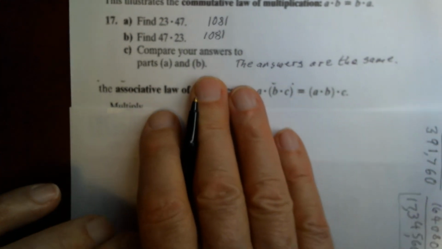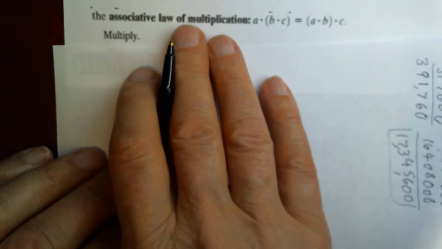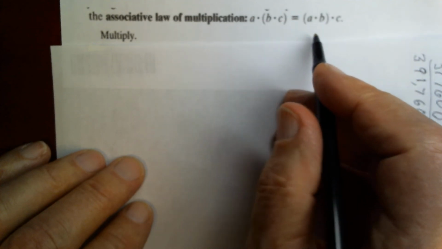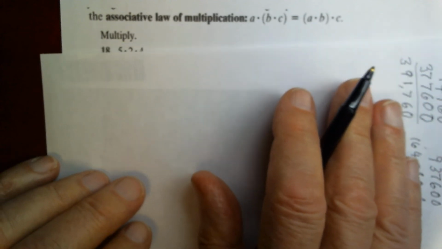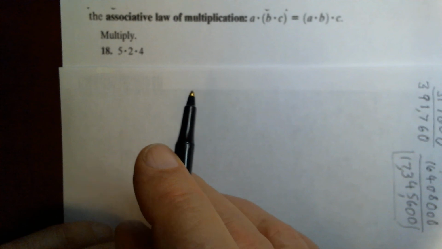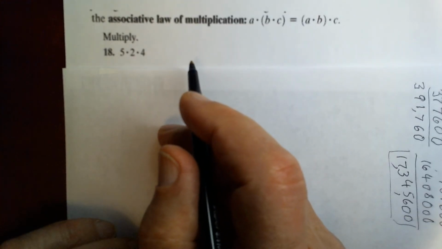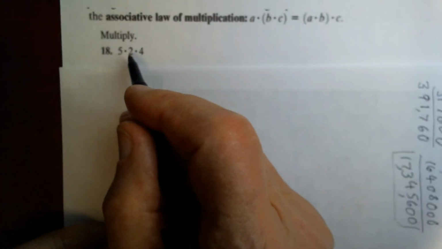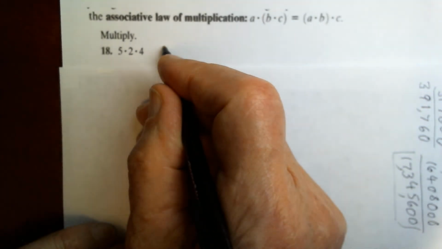And then, similar to the associative law of addition, we have the associative law of multiplication. In other words, when we group the numbers, A times B times C is the same as A times B, and then multiply by C. So when we multiply 5 times 2 times 4, would be 10 times 4 would be 40.